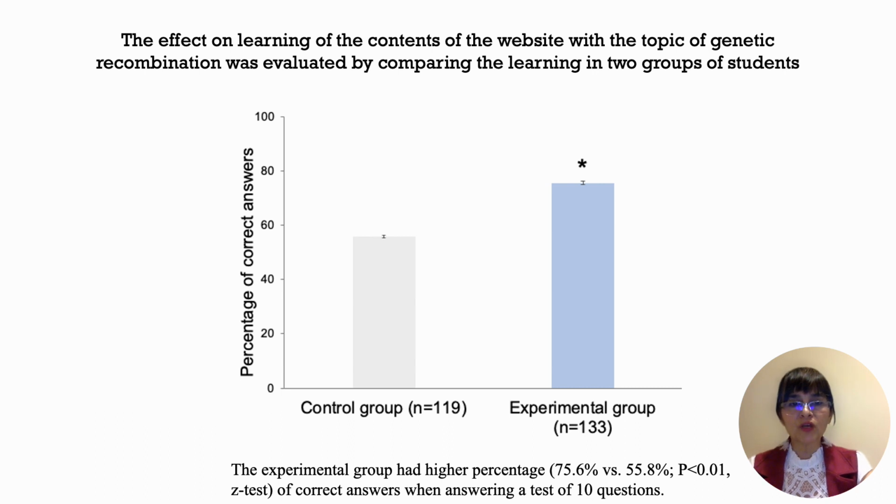We found that the students who had access to reading the educational text had the highest percentage of correct answers in the test. These are the group that received the educational text, and this is the group that didn't receive it.